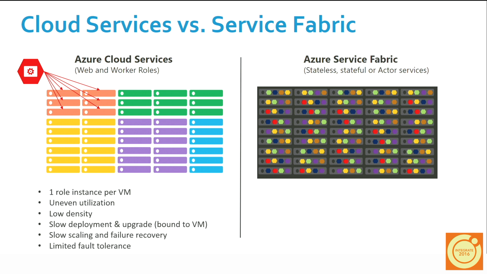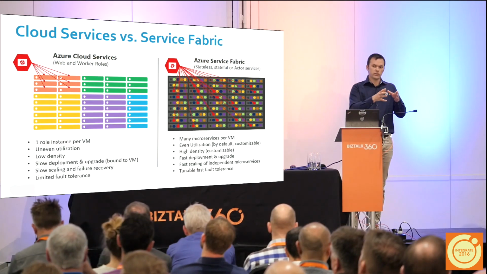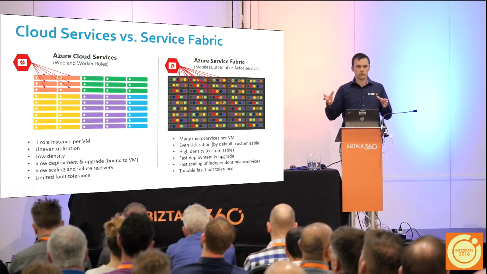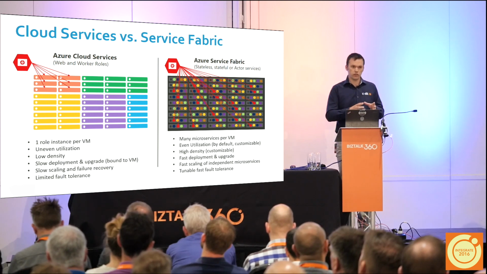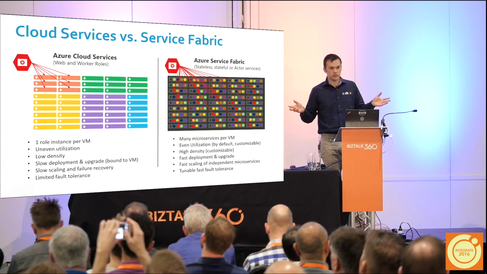With Service Fabric, it's again better because you can just deploy your services independently from each other, and you don't have the limitation of at least one virtual machine for one service. You can have one service deployed on 10 machines, and one machine can contain 10 service instances.